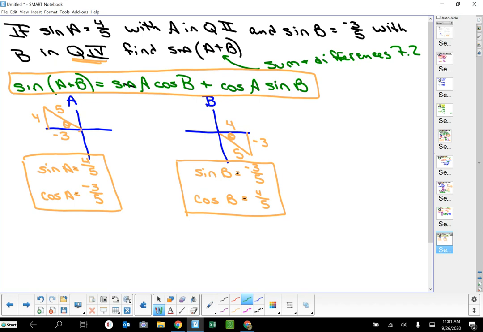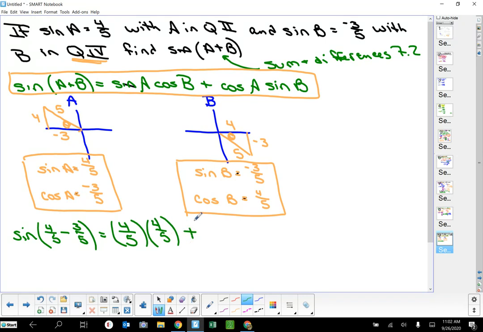So sine of A plus B. Sine of A is 4/5. Cosine of B is also 4/5.